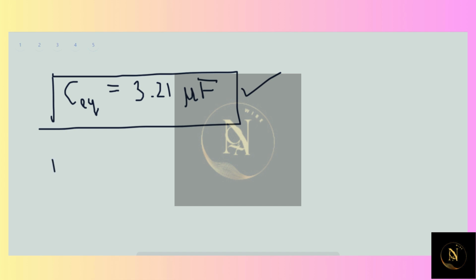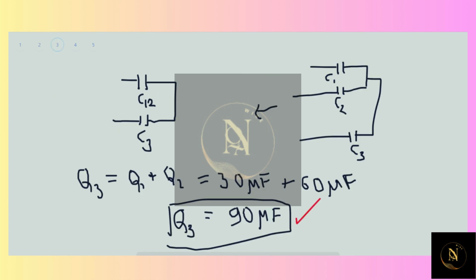Good. So our job is to find the potential difference between the points A and B, which is given by the total charge, the equivalent charge, divided by C equivalent. If you are wondering if we know the value of Q equivalent, we have already found that.